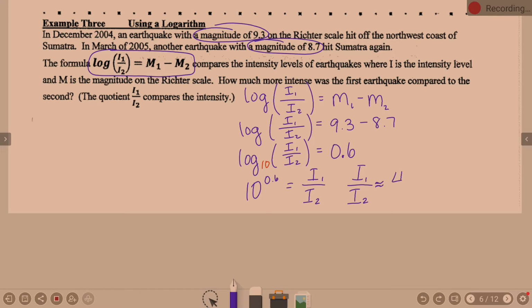Approximately 4. So, how much more intense was the first earthquake to the second earthquake? Approximately 4 times as strong. So your answer is that 4. We don't have to find I1 or I2. It is the fact that that ratio equals 4, so it's approximately 4 times as strong.